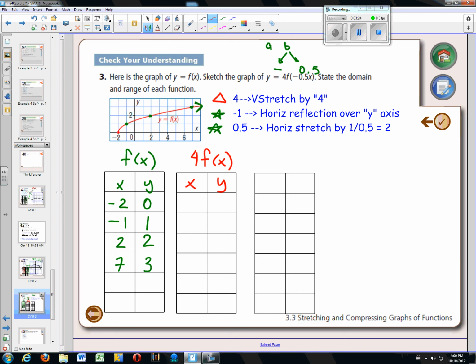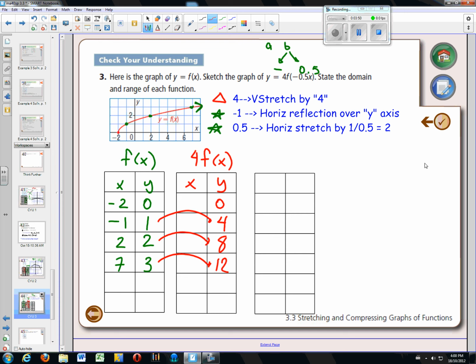Vertical stretch by 4. Y affects the stretches vertically, so y must be multiplied by 4. So I'm going to take the 0, multiply it by 4, and I get 0. I'll take this 1, multiply it by 4, I get 4. I'll take the 2 and multiply it by 4, and I get 8. And the 3 times 4 is 12.